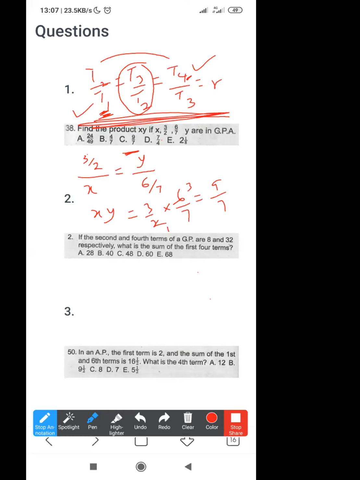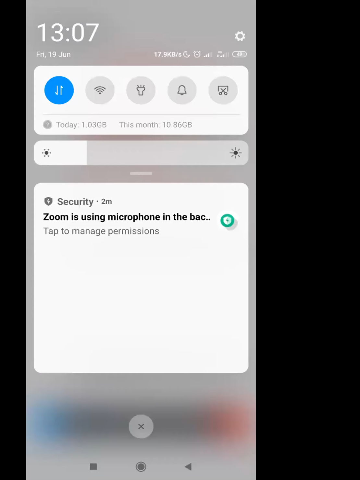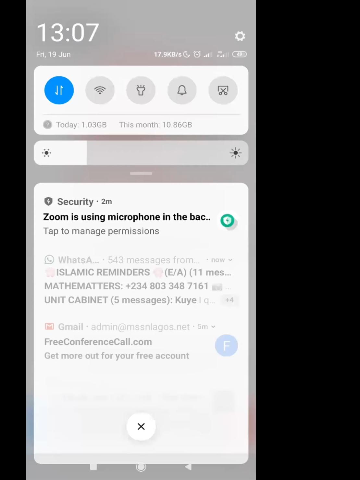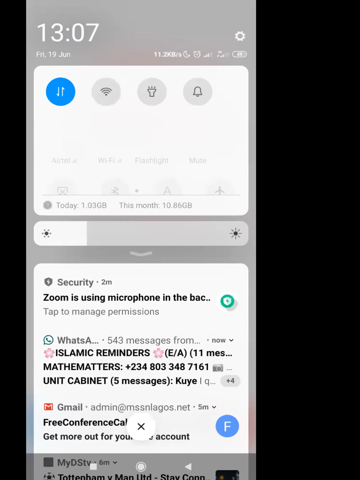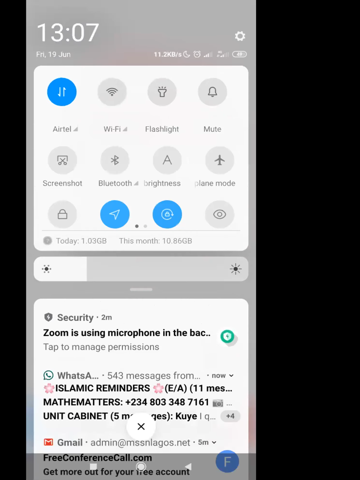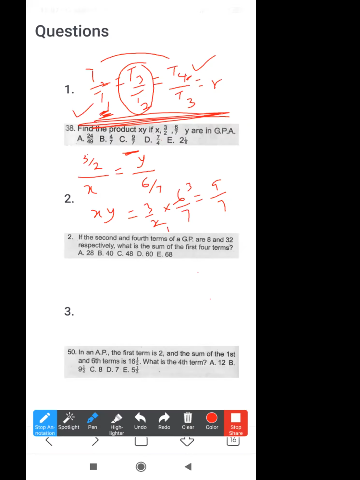Can you see my screen very well? Yes, sir. But it's so tiny. Too tiny, yeah. Sorry, you didn't even complain. I think it's better now.